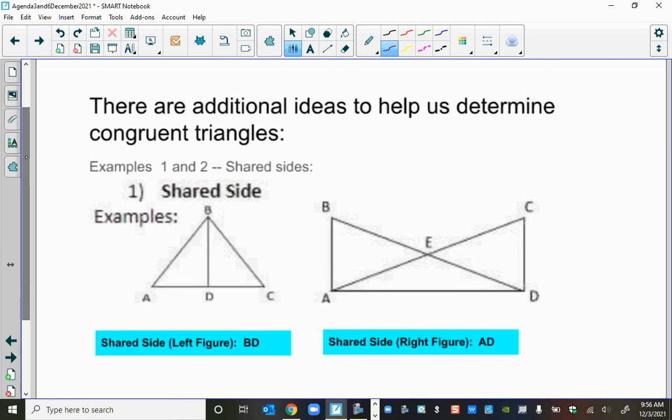And then we also talked about the shared side. We started talking about that last time. So with the shared side, you may have to break off your diagram into two triangles. For instance, with this one right here, you'd have to break it off like that. I know it's not drawn to scale.